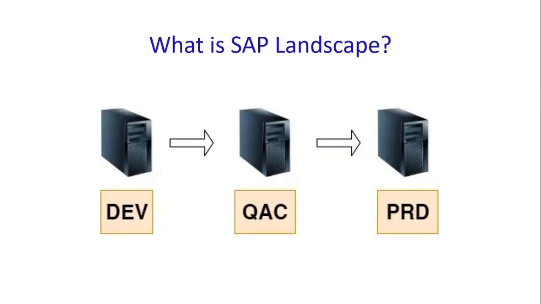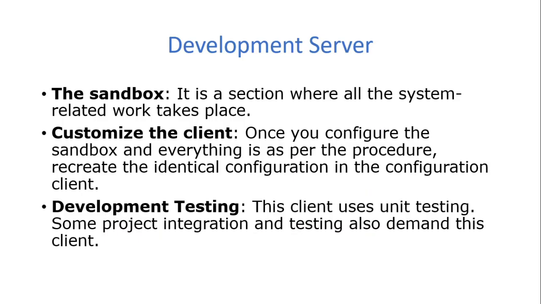Okay, then we'll see the landscape of SAP. Basically, the SAP landscape will be the development server, then the quality server, then the production server. Before the development server, there will be a sandbox. It's a section where all the system-related work takes place.